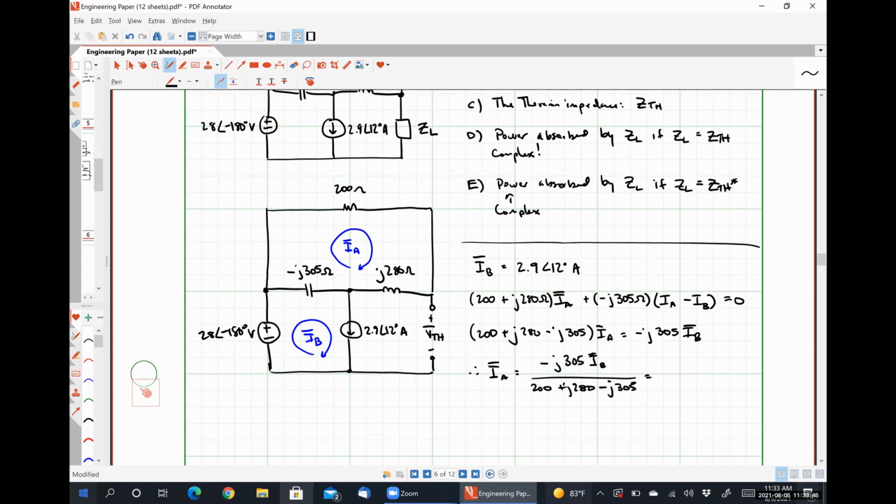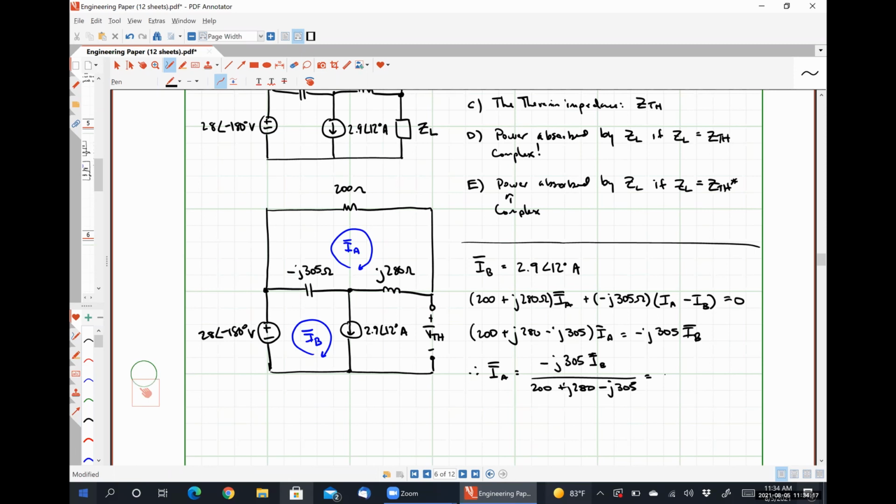I do not. Okay, throw it into my calculator. So I have minus 305 i times 2.9 angle 12 divided by 200 plus 280 i minus 305 i.